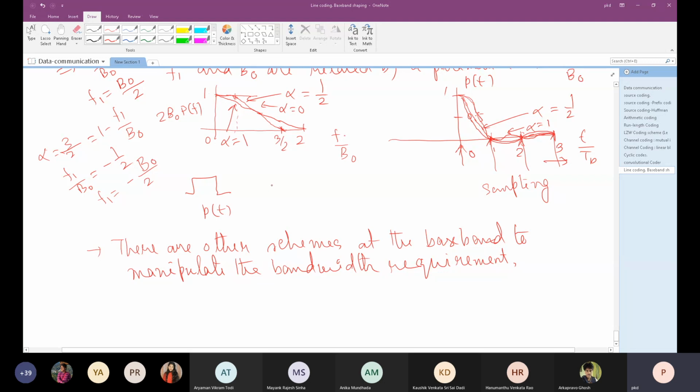Invariably, it is getting passed through a filter, because our channel is a band limitation filter due to various requirements, because we have to multiplex several signals, several sources together. We cannot allocate bandwidth to a particular user, so we have to limit the bandwidth. Therefore, it will be ultimately limited. Bandwidth allocated to a particular source will be limited.